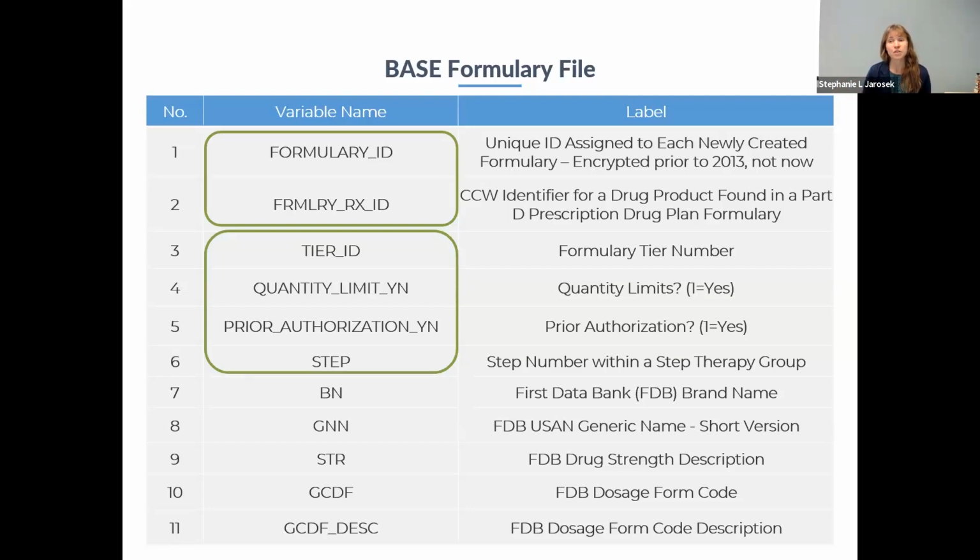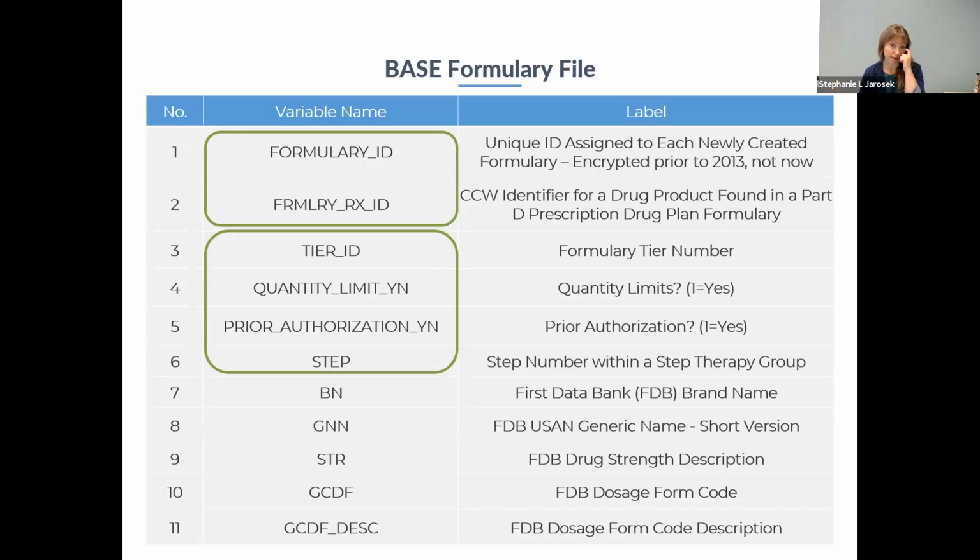For formulary files over years, I haven't tried to do it, but it would be interesting to think about how to group them over time. One of the things that has changed is the tier structure. Most plans now have that 5-tier structure, but as the Part D plans have changed over time, the tiering structure has changed.